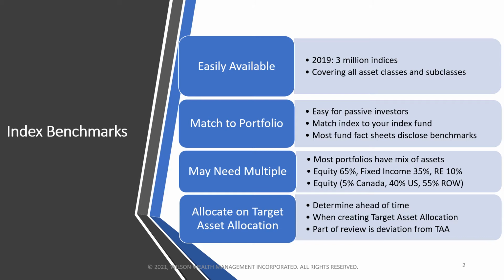But if you're invested in, say, Japanese equities, you probably don't want to use the TSX or the S&P 500 as the appropriate benchmark. In this case, you'd use probably the Nikkei 225, which is Japanese.